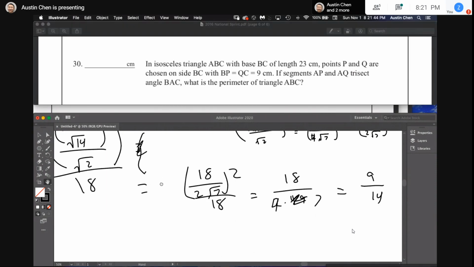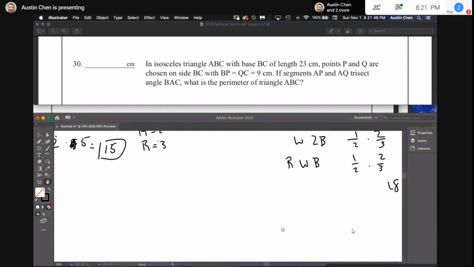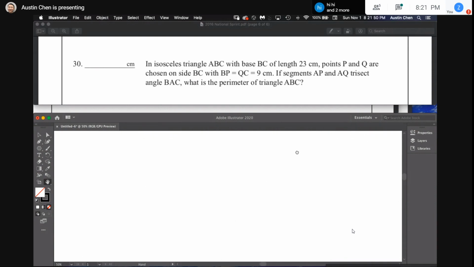Okay, number 30. An isosceles triangle ABC with base BC of length 23 centimeters, points P and Q are chosen on side BC with BP equals QC equals 9 centimeters. All right, let's just start drawing that. So triangle ABC, and BC is the base, so that means these sides will be the same. And this is 23 centimeters.